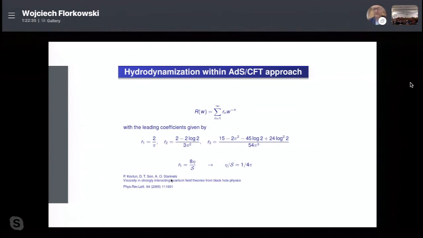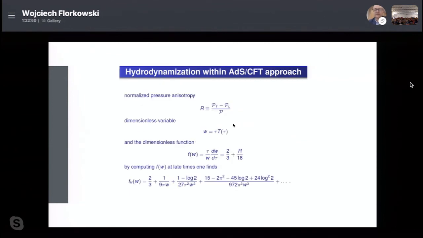But you can also get information about the higher terms in this expansion. This expansion is nothing else but the gradient expansion of this difference of pressure scaled by the average pressure.